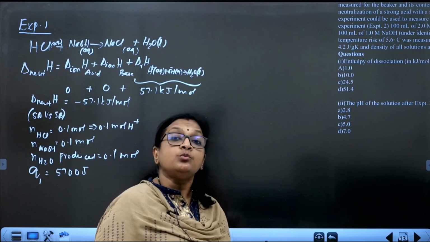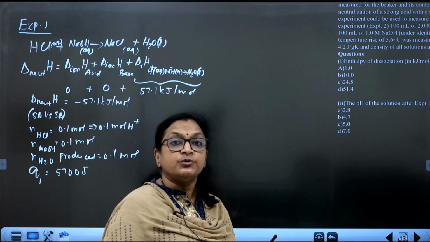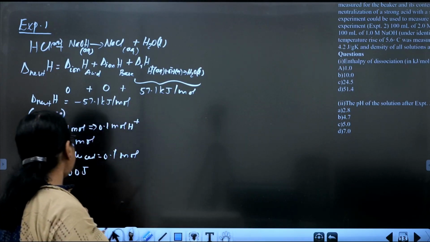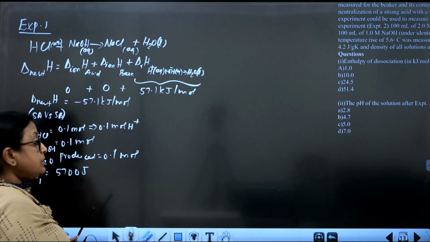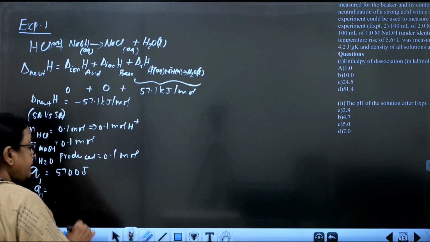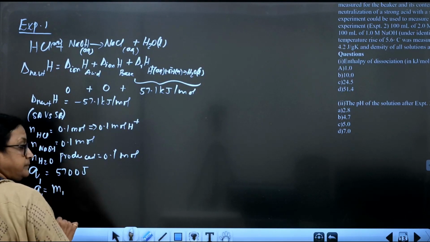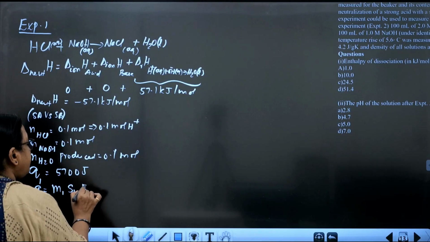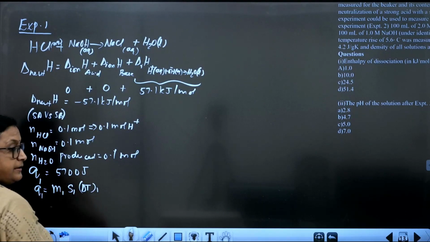So let us see what the calorimetric constant is using this. We know Q is equal to m s delta T. So in experiment 1, Q1 is equal to m1 s1 delta T1.